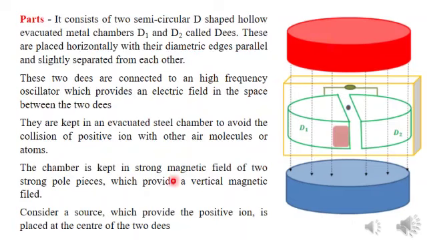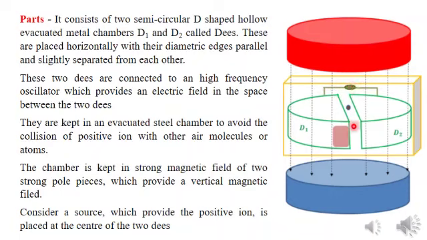It consists of two semicircular D-shaped hollow evacuated metal chambers D1 and D2 called Ds. These are placed horizontally with their diametric edges parallel and slightly separated from each other. These two Ds are connected to a high frequency oscillator which provides an electric field in the space between two Ds.